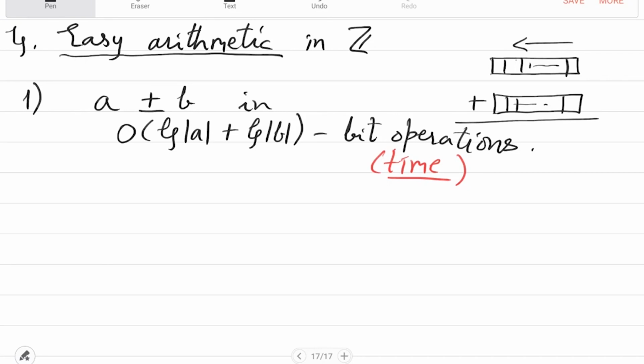So all that overhead is there, which we are not mentioning here, but it's only constant. This is why it is fair to say that the time complexity is big O of log A plus log B. So in the same spirit, what about A times B?